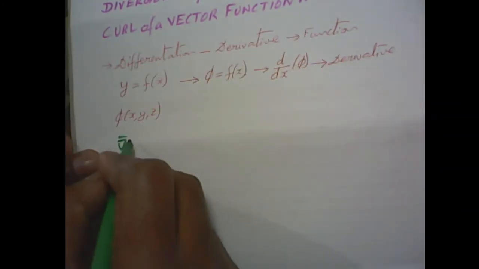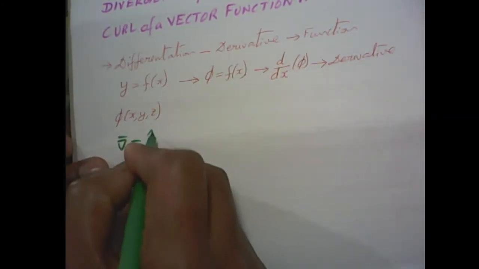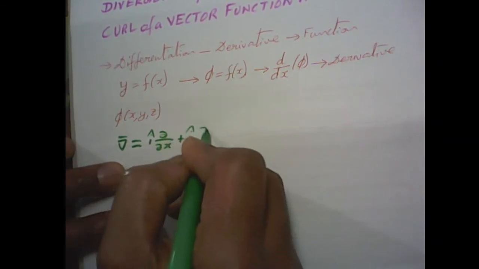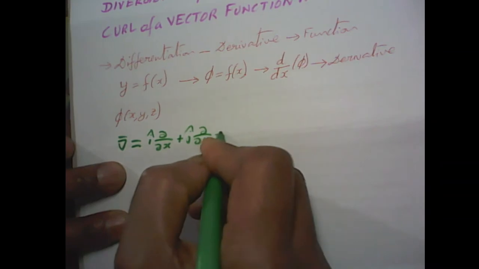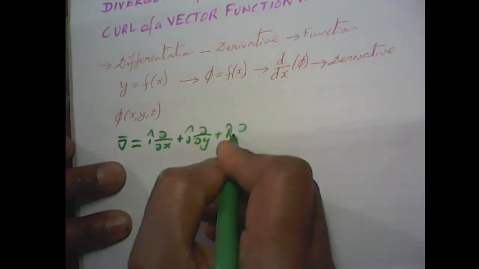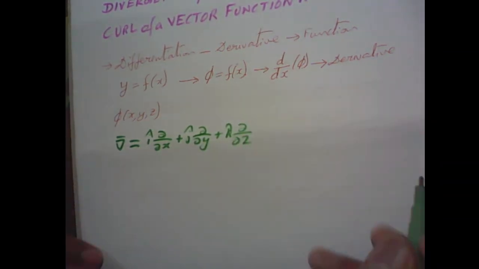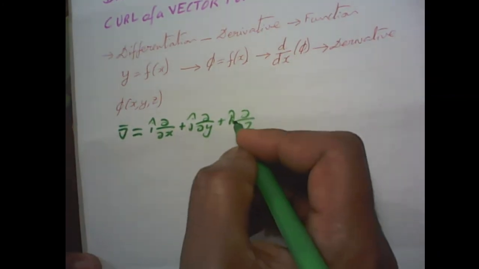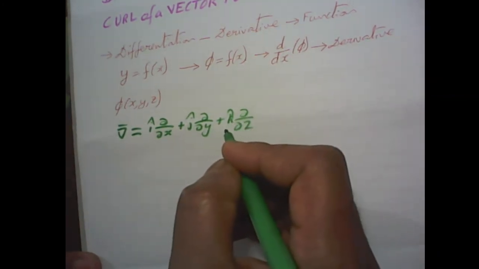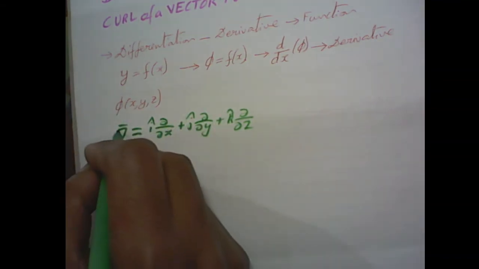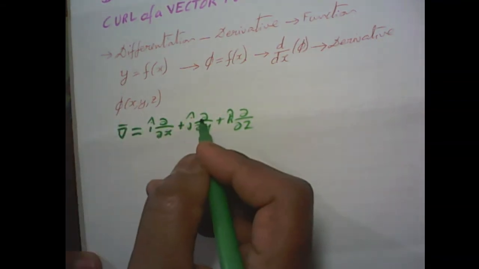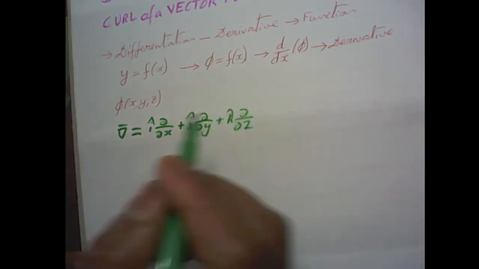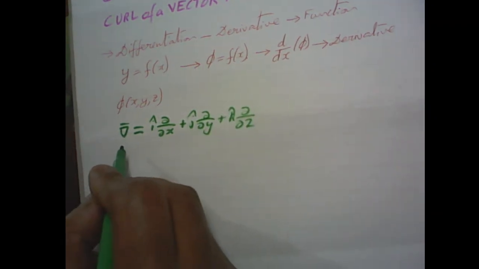We write it as del = i ∂/∂x + j ∂/∂y + k ∂/∂z. If I have a function which is single dimensional, then when del operates on it, we get nothing but the one-dimensional derivative. So del is a three-dimensional operator.